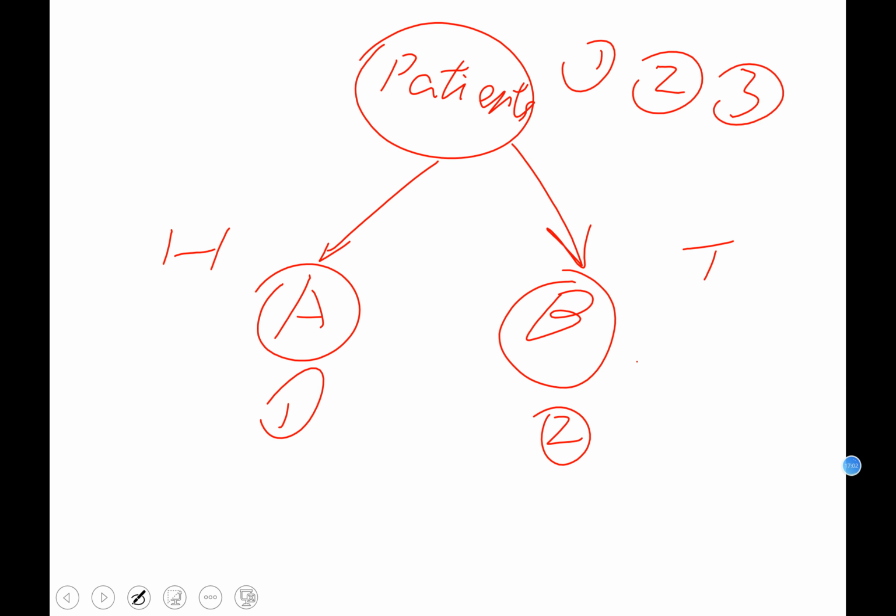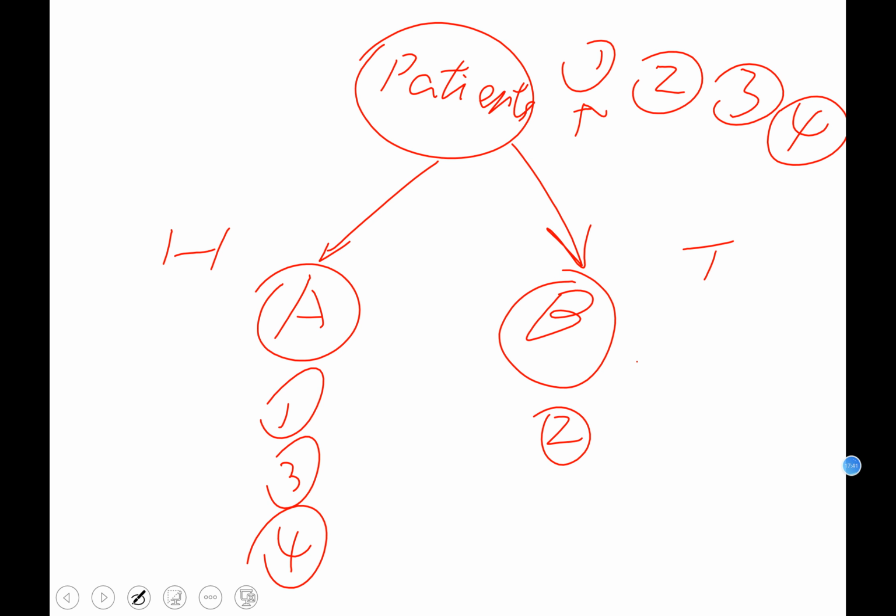Number three, number four, both of these two patients, when they toss the coin, both get a head. So number 3 and 4 both get into sample A. So we will find that for each individual, the probability for this person to get into group A or group B is the same, right?